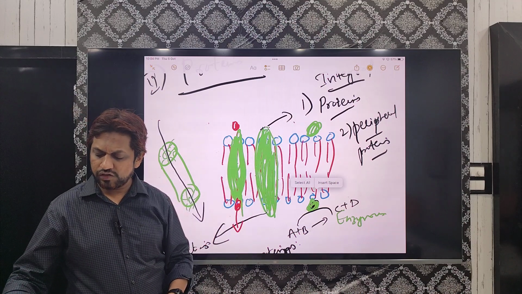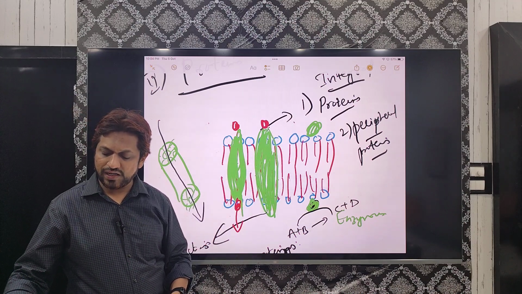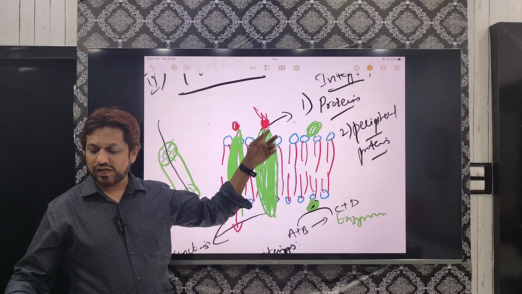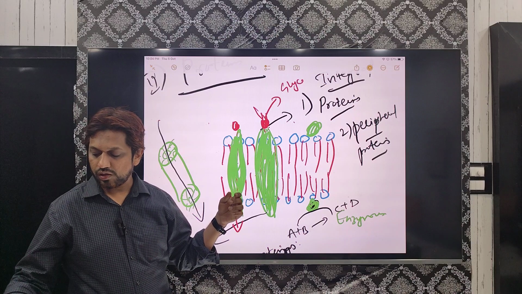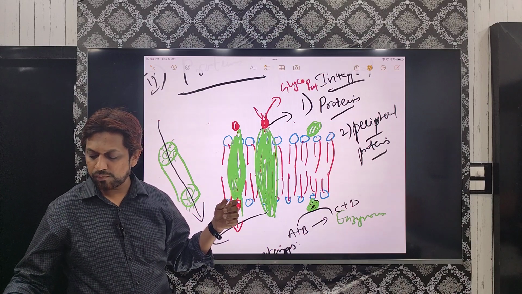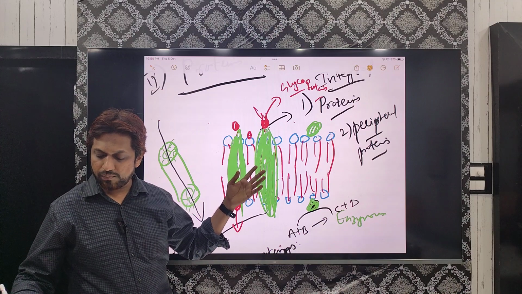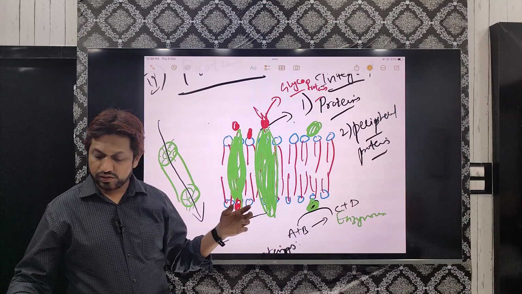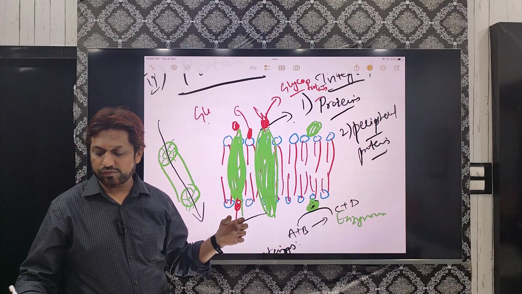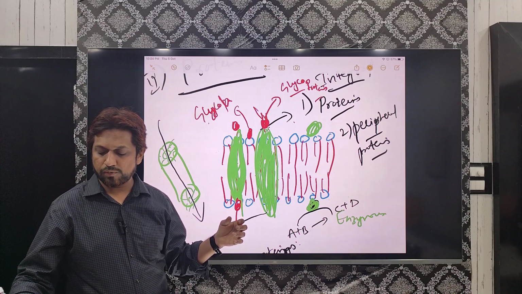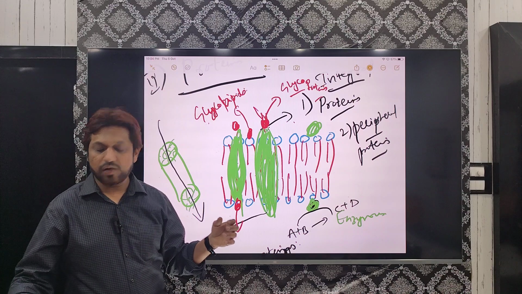Majority of the time it will be binding to the protein component, then it is called glycoproteins. Carbohydrate when combined with protein is known as glycoprotein. Sometimes the carbohydrate molecule directly binds to the lipid molecule, then it is termed glycolipid. So two important carbohydrate moieties are glycoproteins and glycolipids.